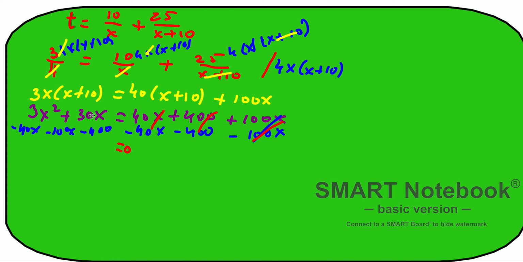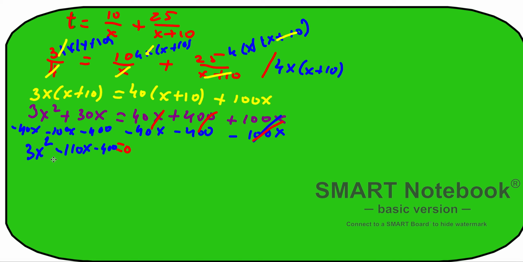So I have 30x minus 40x minus 100x is minus 140x plus 30x is minus 110x, and minus 400, and 3x squared.